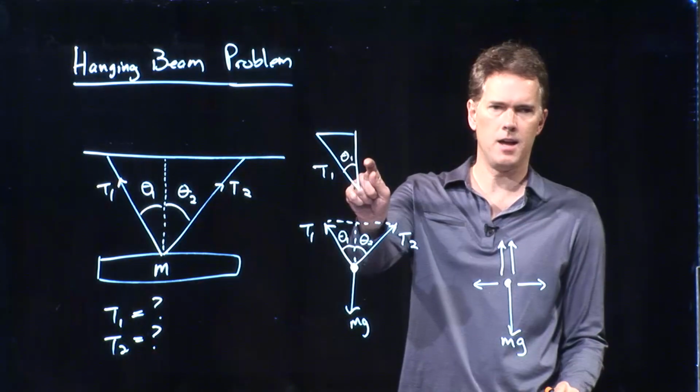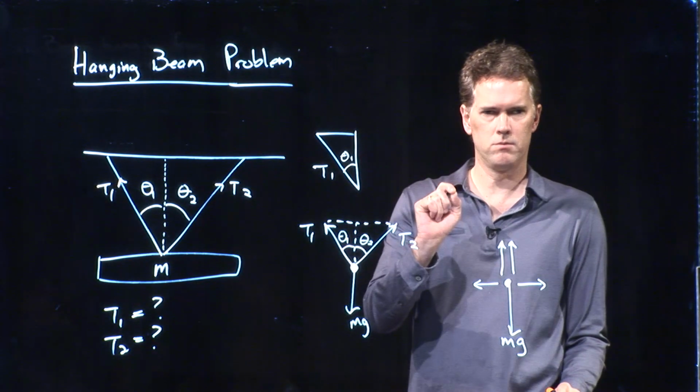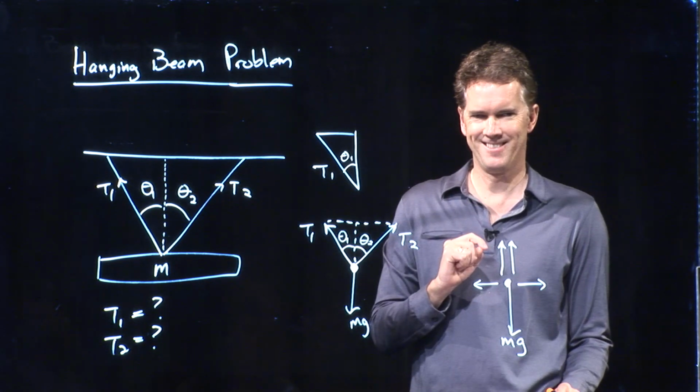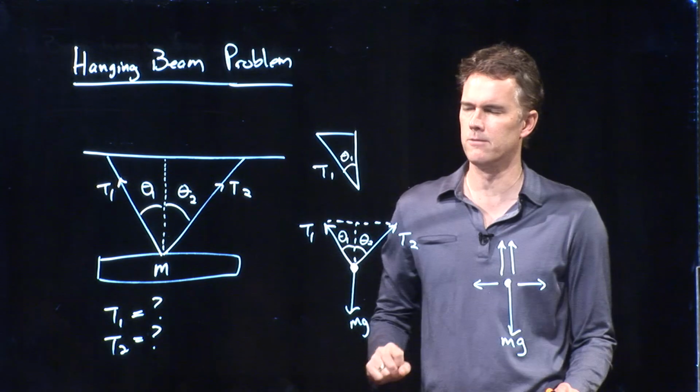What is this side of the triangle? Lauren? What do you think? What's this side of the triangle? It'd be cosine. Okay, T1 cosine theta 1, and then obviously that has to be T1 sine theta 1. Perfect, right? Our angle's there, the right angle is there, so that's what it looks like.